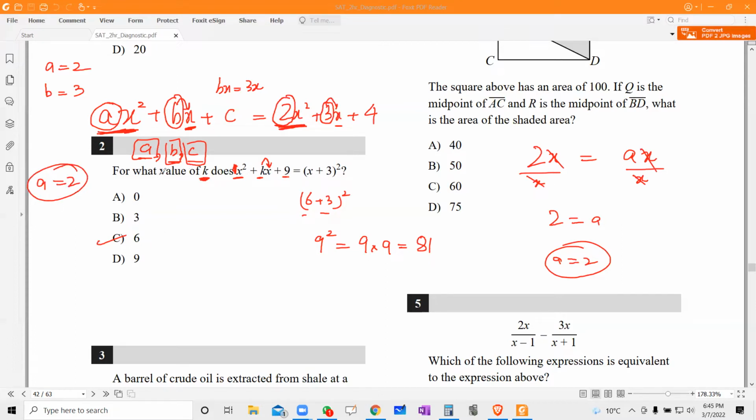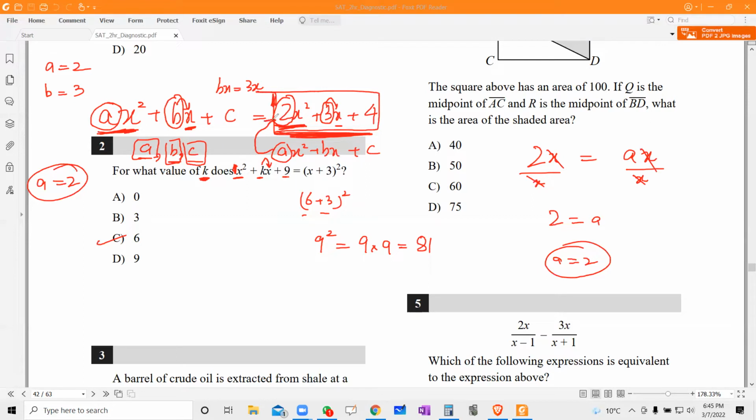Or you can just think about this equation, 2x squared plus 3x plus 4, and put ax squared plus bx plus c at the bottom of it, and check what a is in our equation, which is this one, the top one.